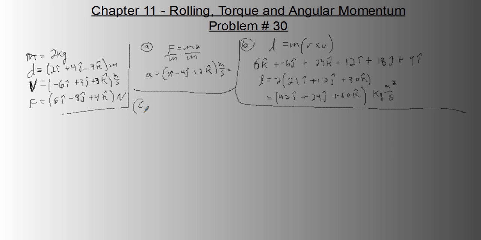Now let's do part C, which is torque. Torque is r cross F. And I'm going to do the same thing. I'm just going to skip the i cross i, j cross j, k cross k. So, okay, this is r cross F, so 2 times 8 is 16.